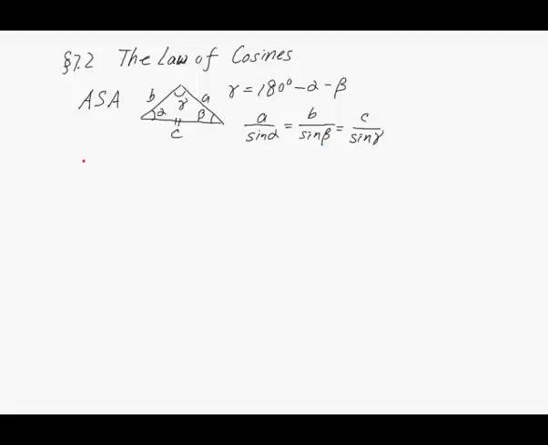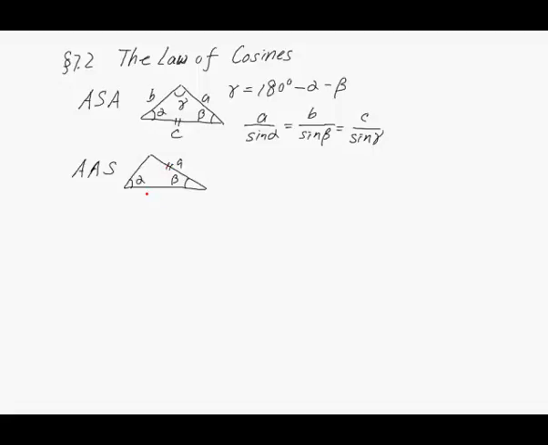And if you know the two angles and one side, and this side is not between these two angles, you can just use the same way to find the third angle and the other two sides. So this case is like this. You know this angle alpha, you know this angle beta, and you know this side A. So this is known.